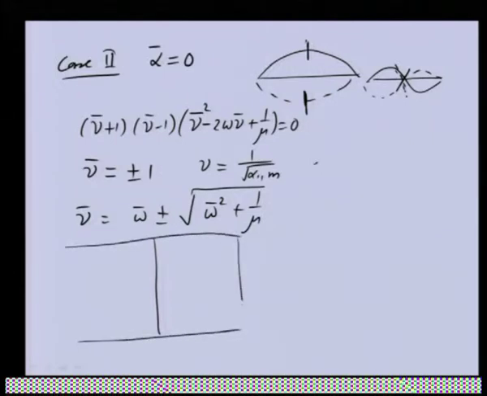if we plot, let us say, omega bar here and nu bar here, and this is the 0.